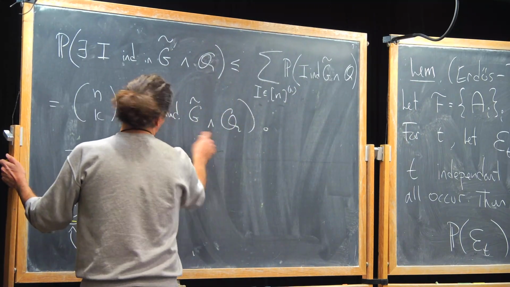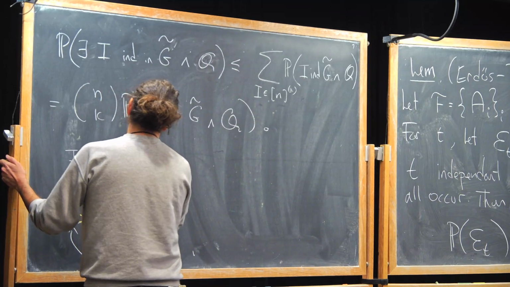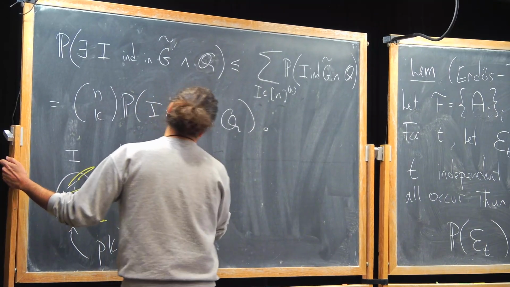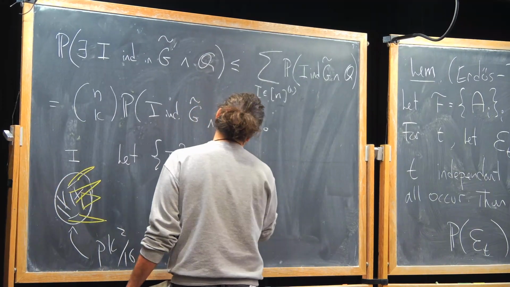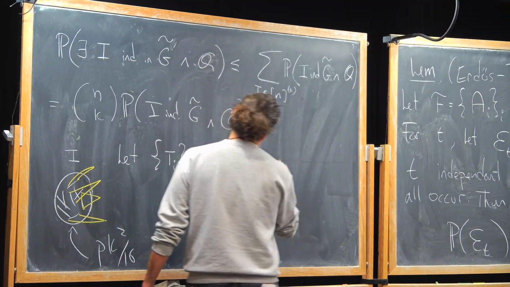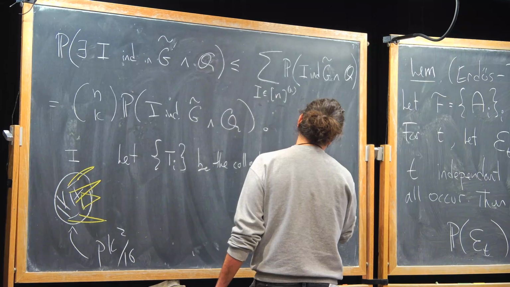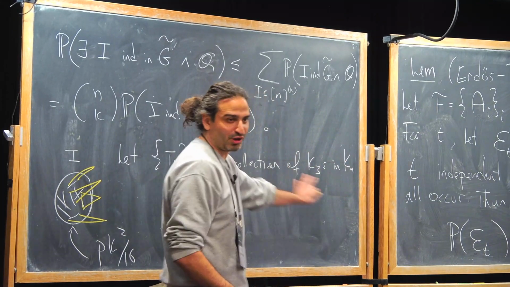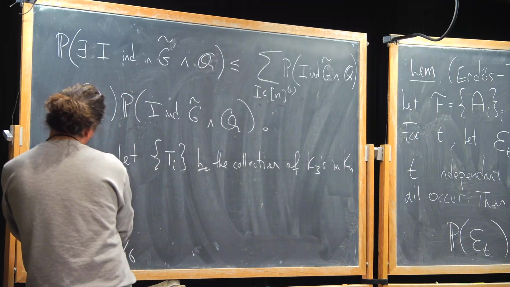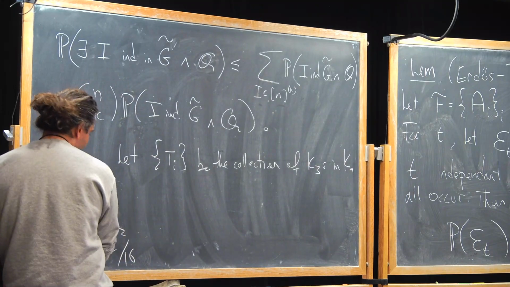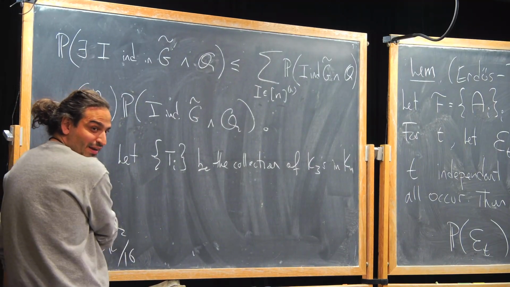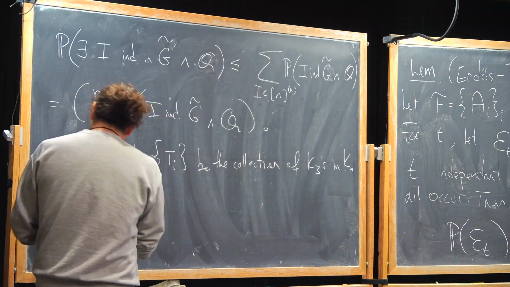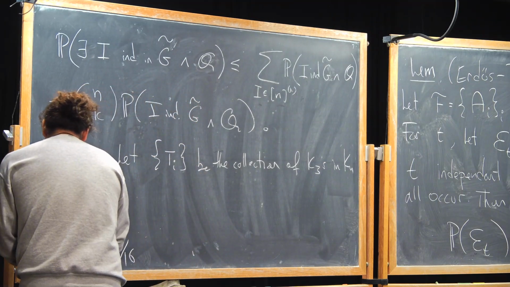Okay, so to prepare for that, let T_i be the collection of K3s in the complete graph. So before you percolated everything, just consider all triangles that have one vertex out. These are the offending ones. Sorry, there could also be some here as well.